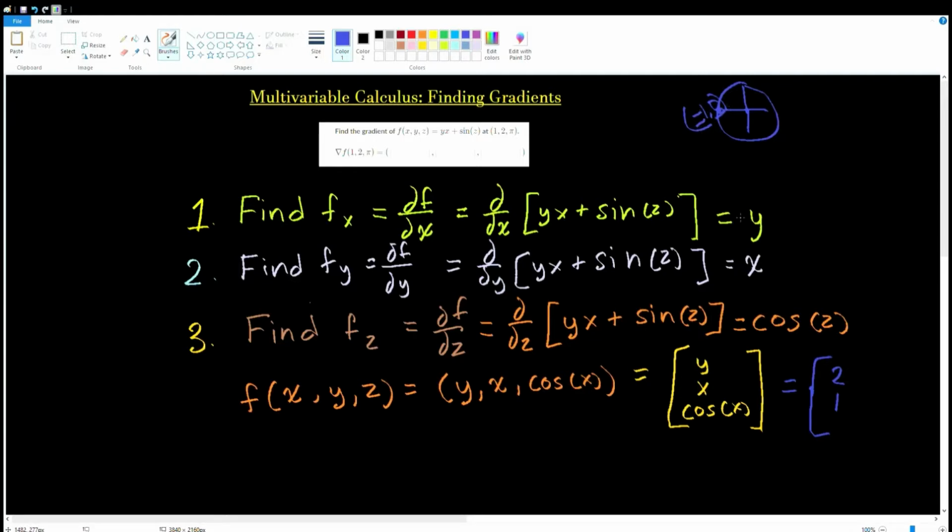So -1 is what cos of pi is. So (2, 1, -1) is our answer in vector form, but you could always write this as 2, 1, and -1, and that is our answer.